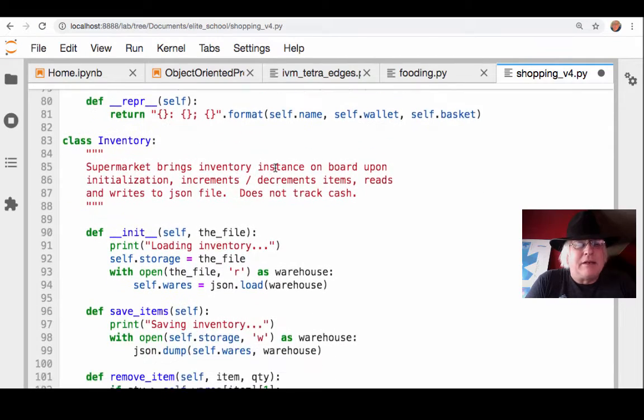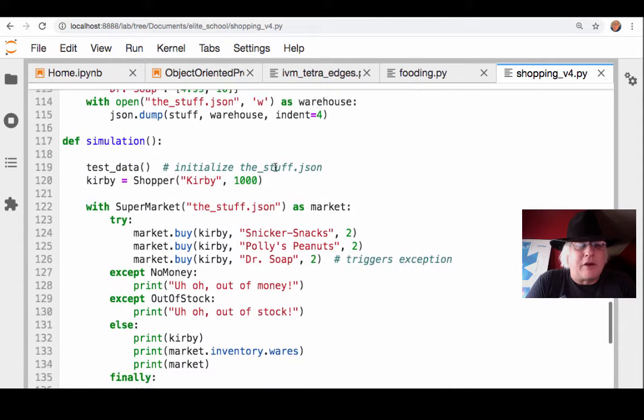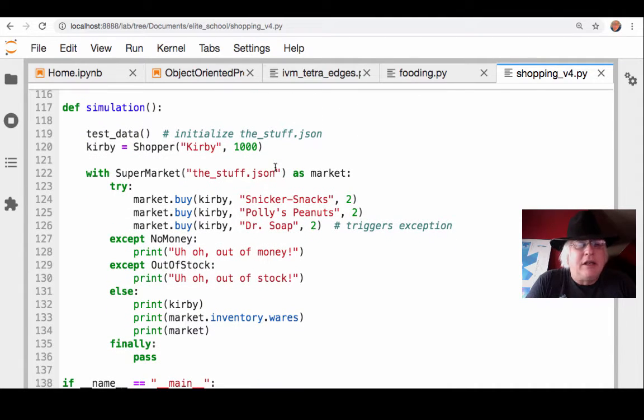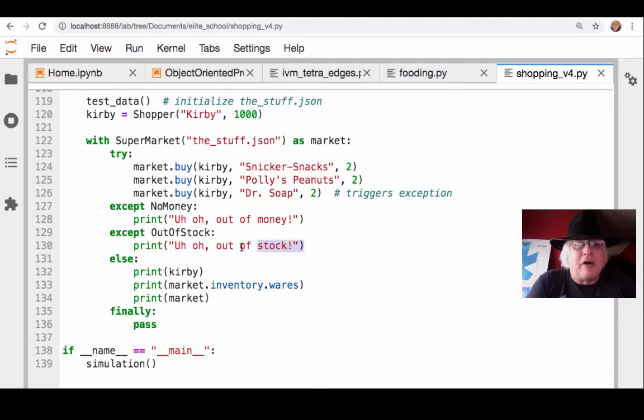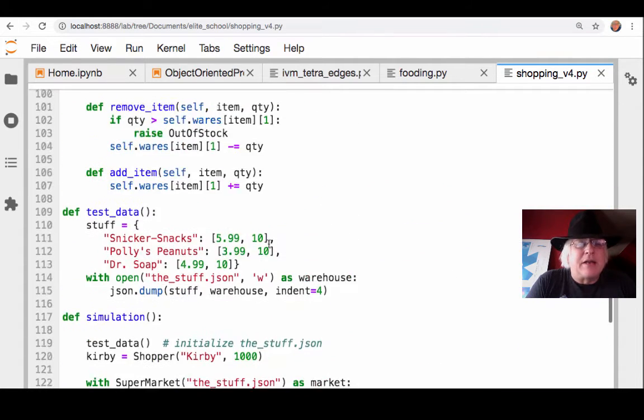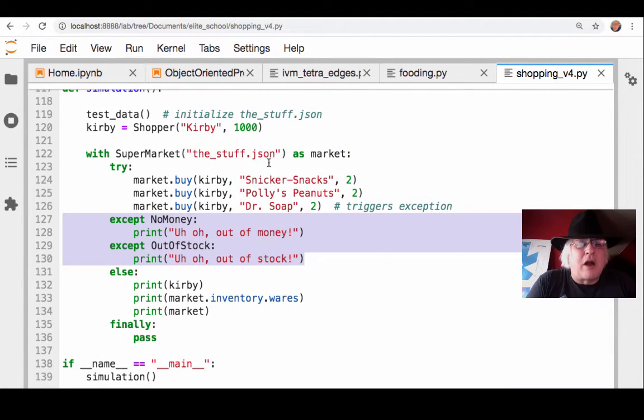But the main thing is, what if I try to spend more money than is in my wallet, or what if I try to buy something that's not in the inventory, things like that? What if we run out of stock? And I introduced Python's exception handling syntax and methods, right? It's keywords around trying something.